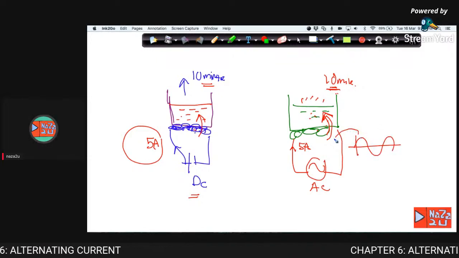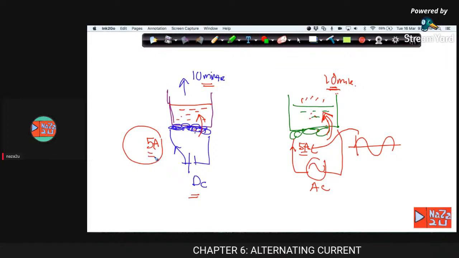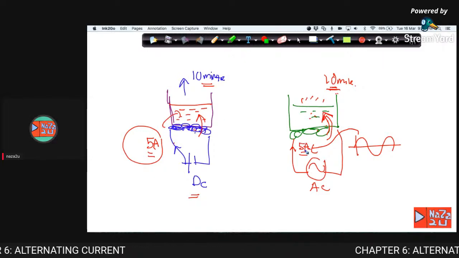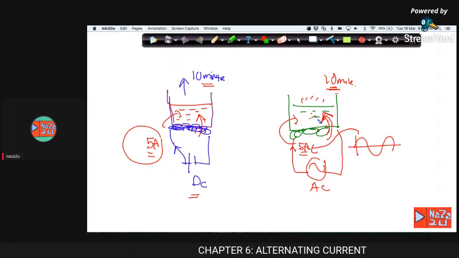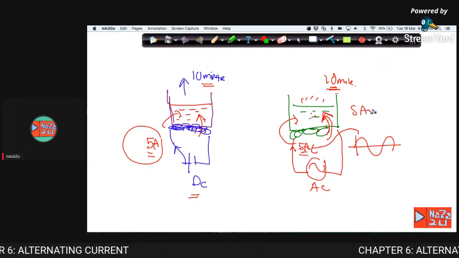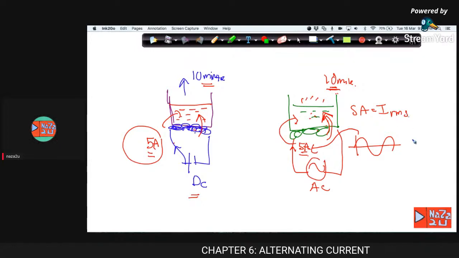Kita boleh rujuk kepada 5 ampere juga sama dengan direct current, iaitu arus 5 ampere inilah yang memberi tenaga untuk memanaskan air. Dalam AC current, arus 5 ampere juga yang melakukan kerja untuk memanaskan air. Jadi kita katakan 5 ampere ni merujuk kepada I yang kita kira tadi, I RMS.